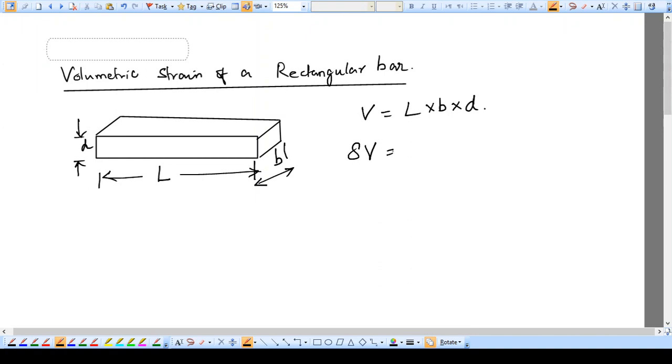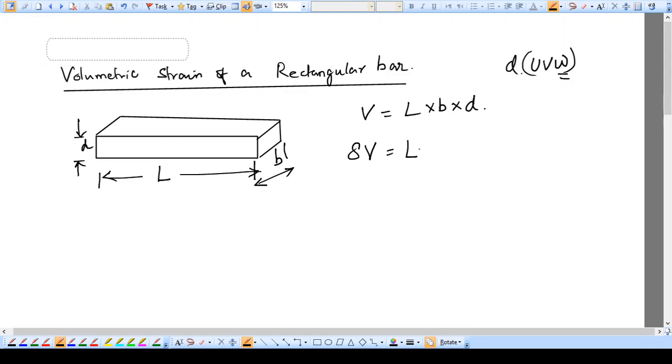The change in volume is given by, see, this is of the form UVW. If you have to differentiate this UVW, you have to differentiate one term and keep the other two terms as constant. Similarly, I have to do for this.